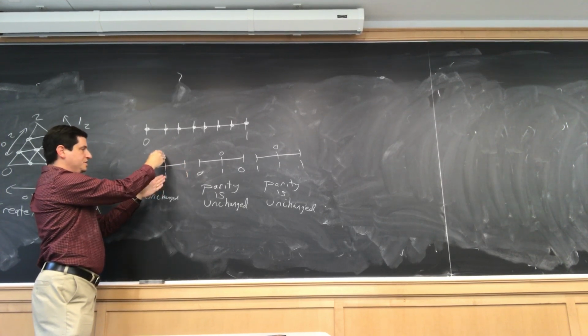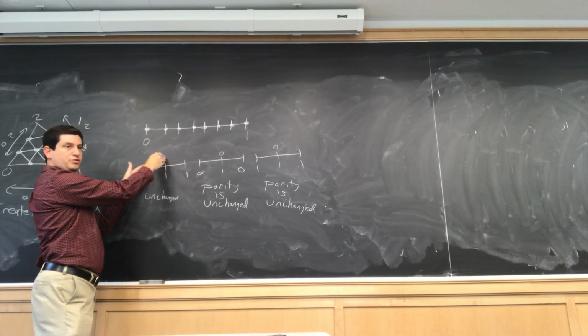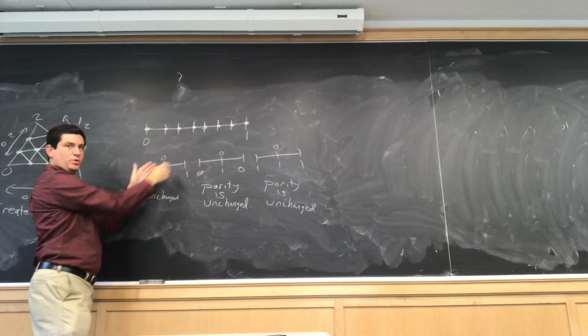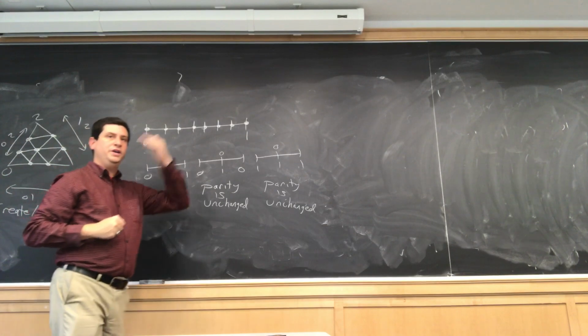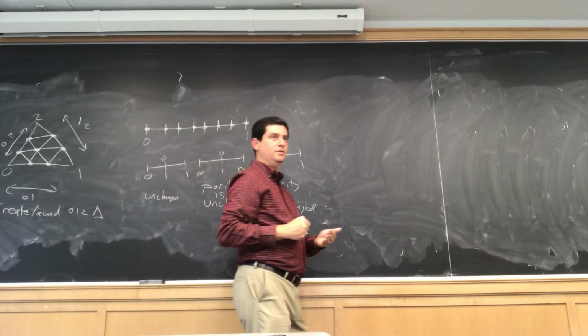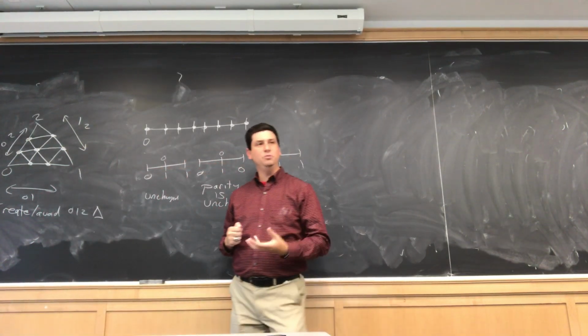If I put in the 0, I would have no 0, 1 segment here, but I would have one 0, 1 segment there. So every time I put in another dot, I change the number of 0, 1 segments by either 0 or by 2. And so since I started at 1, I have to end up at either 1, 3, 5, 7. So you can do it inductively as you keep adding more and more points.